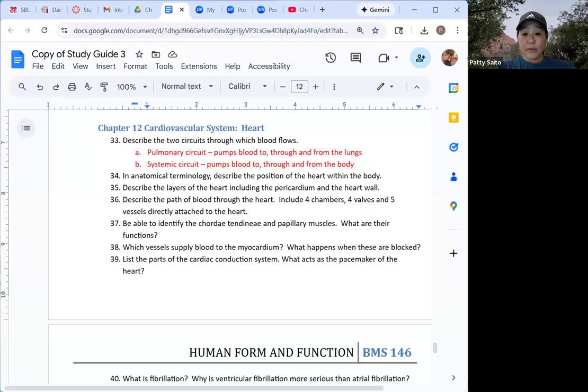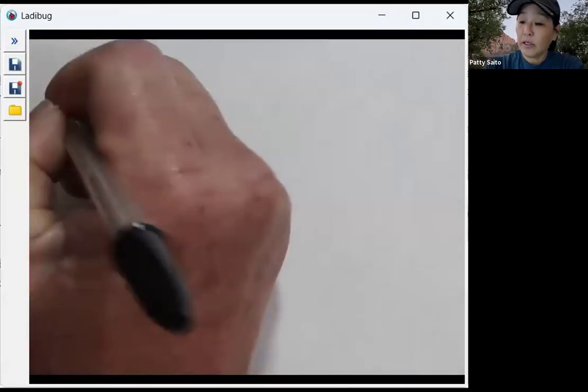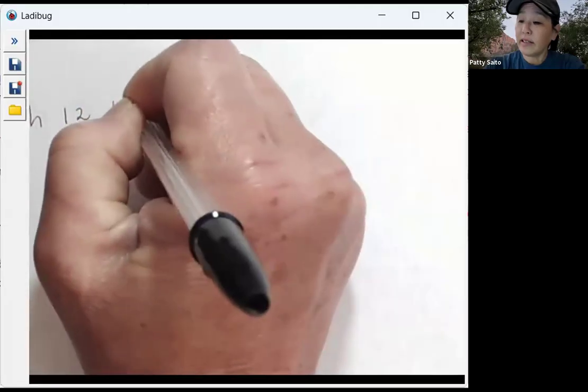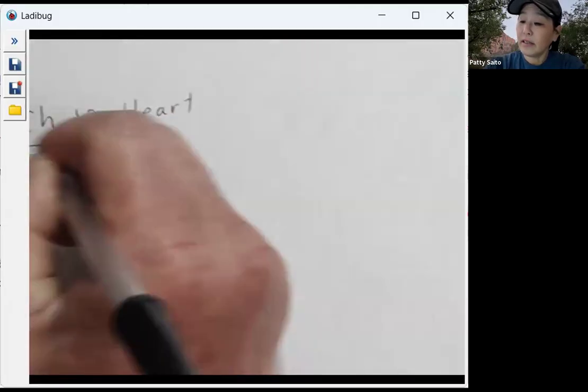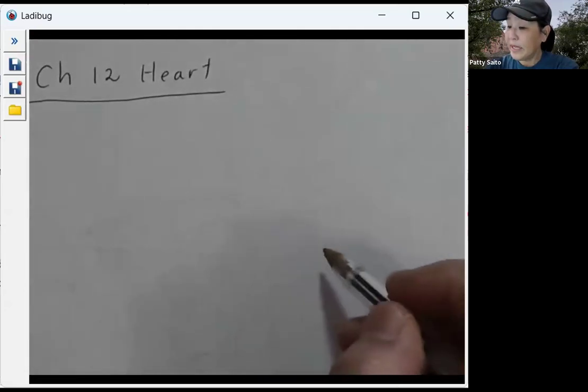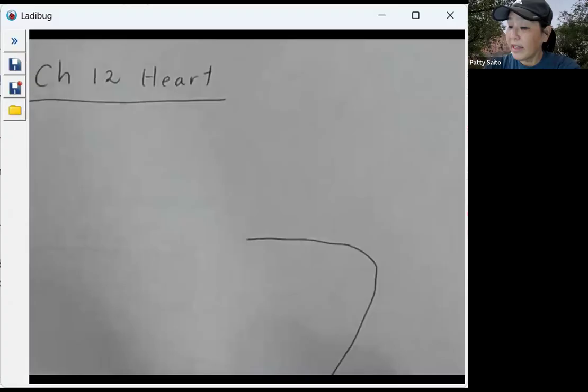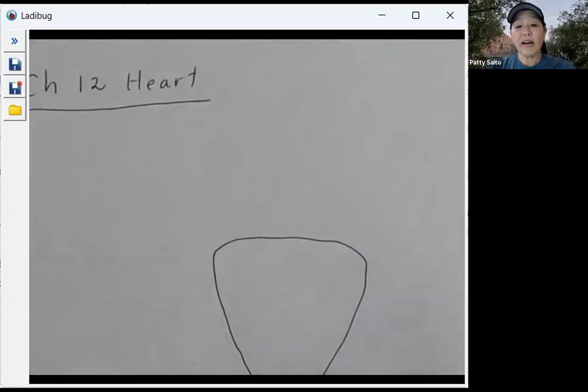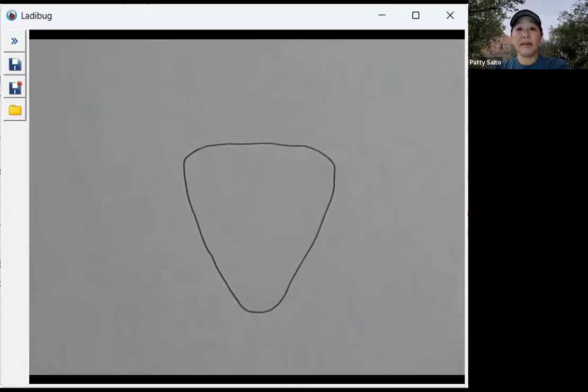All right, let's take a peek at what this looks like. I'm gonna draw a picture. Okay, so chapter 12 is the heart. So if we draw our heart, I'm just going to draw a simple heart like this. And what the heart is, it's just a pump.